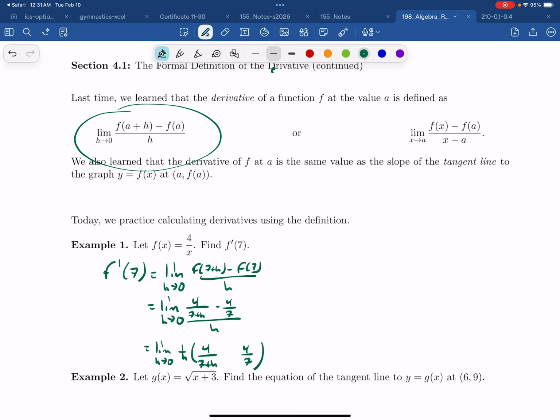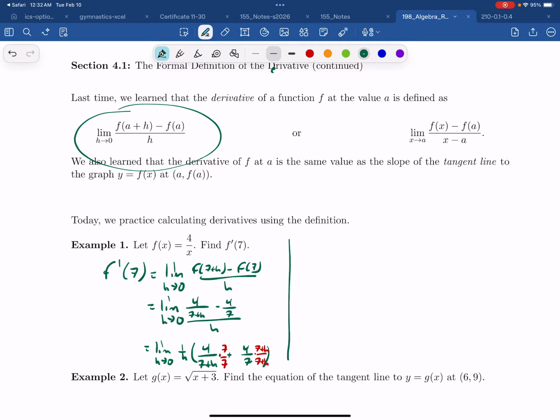Now, if we want to add these fractions, leave a little bit of space here. We need a common denominator. So we're going to multiply this guy by 7 over 7 and multiply this guy by 7 plus h over 7 plus h.